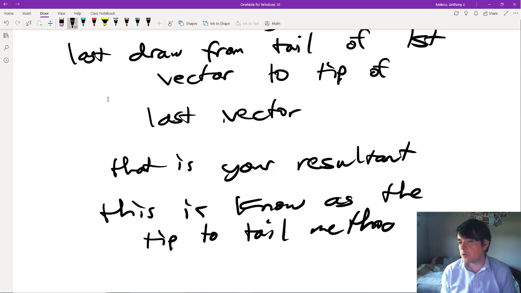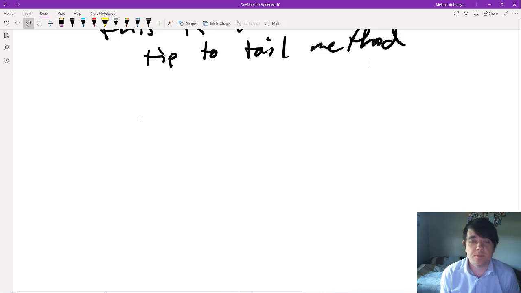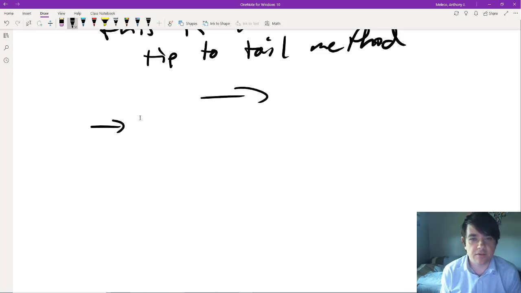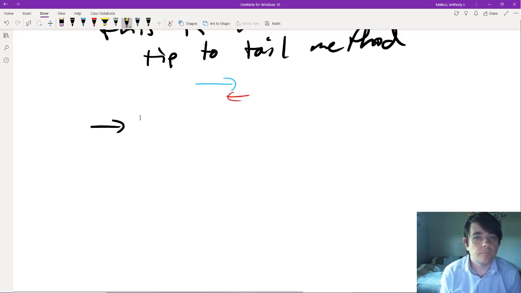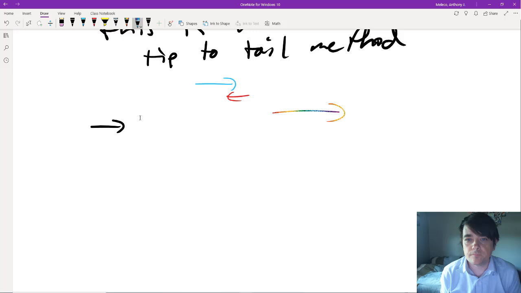It's extremely popular because you can use it for multiple vectors at once. There's other methods to do this, but at least one method I'm thinking of, you can only use for 2 vectors at a time. But with this one, say you had all of these vectors, let's put them in different colors. We can line up all of these, and I can honestly do this in whatever order I want.